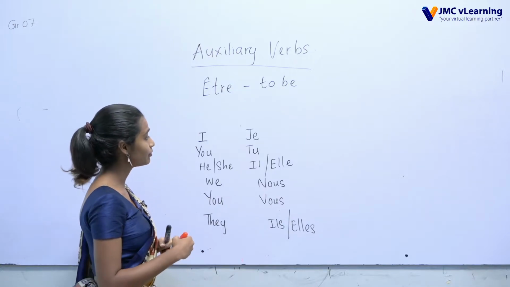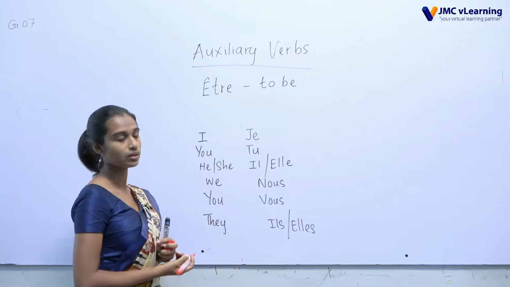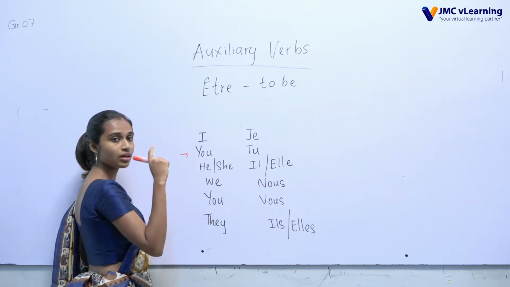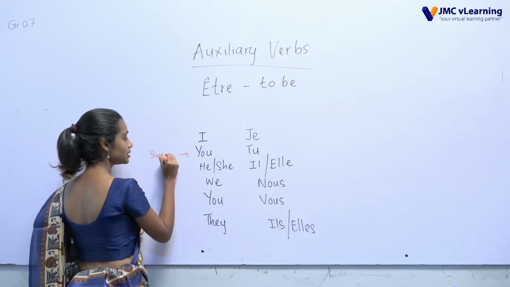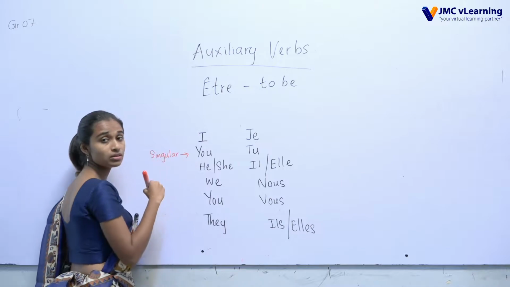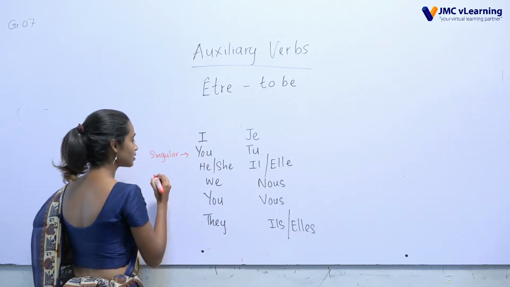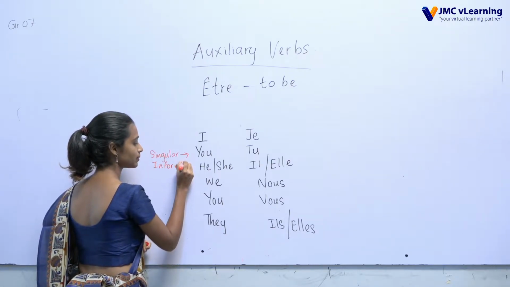What is the difference between tu and vous? Tu is used when you are talking to just one person. That means in instances which are singular, you use the singular form of speaking, and it is used in informal speech.